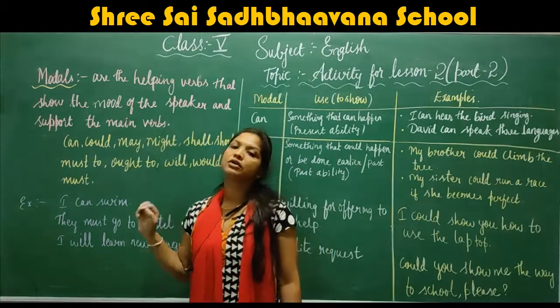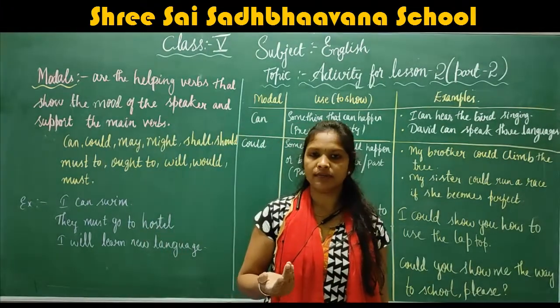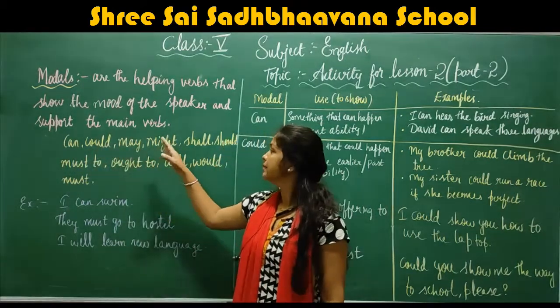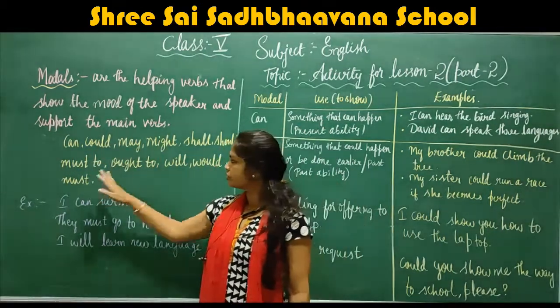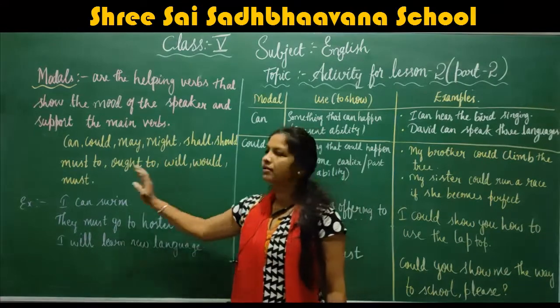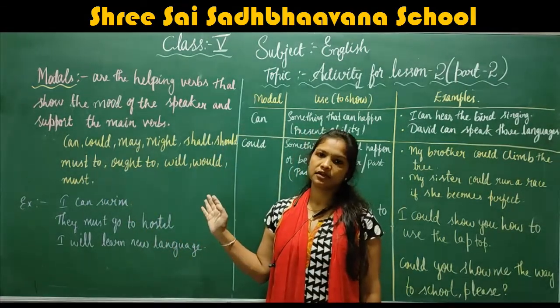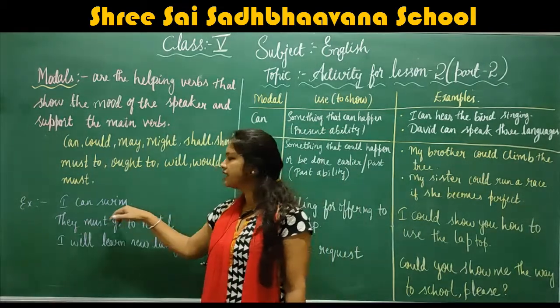These modals are also known as auxiliary verbs. So what are modal verbs? Can, could, may, might, shall, should, must, ought to, will, would. These are a few modal auxiliary verbs. Example, I can swim.